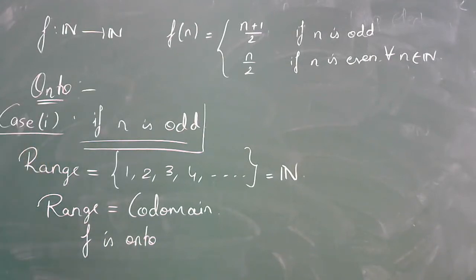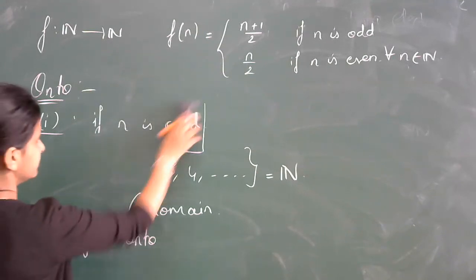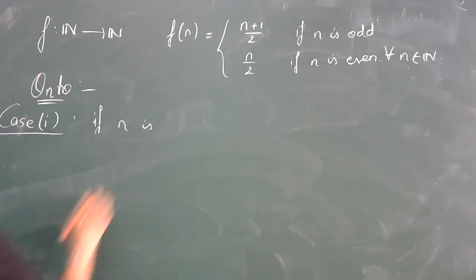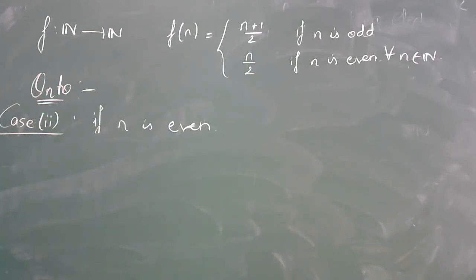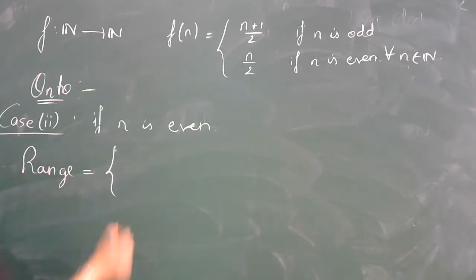Now if I consider the second case, that is when n is even. When n is even, what will be my range equal to? If n is even, what is the range equal to?